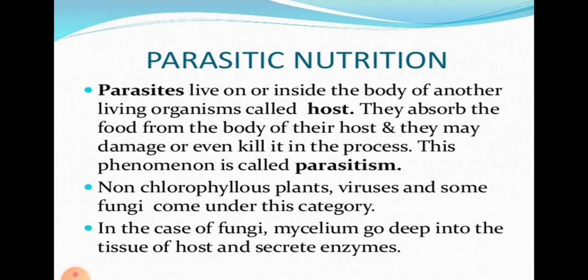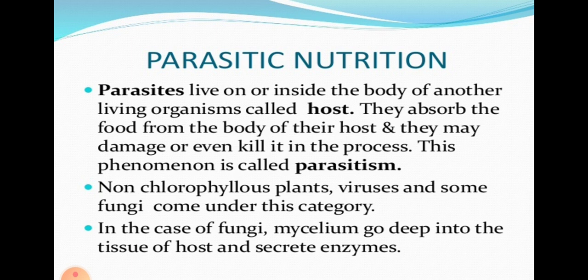Next is parasitic nutrition, meaning parasites. A plant or animal that lives on or inside another organism as a host and derives its food from it is called a parasite.